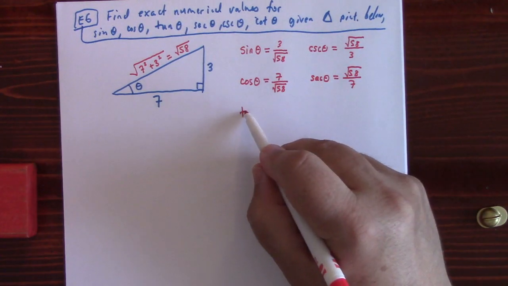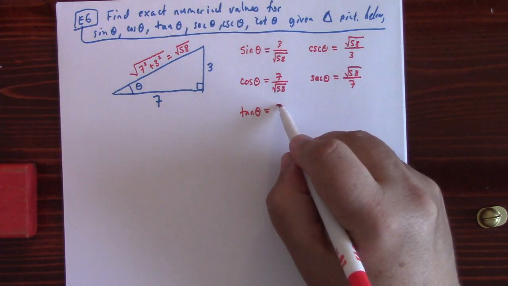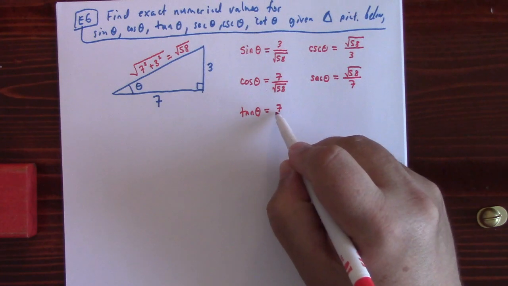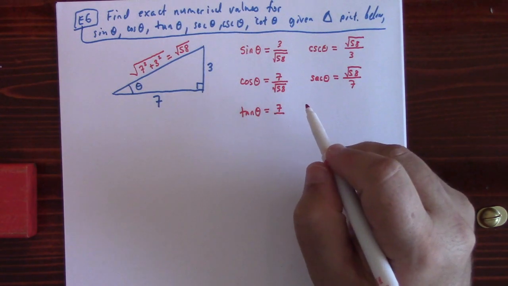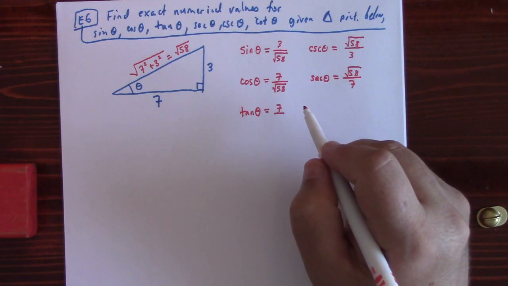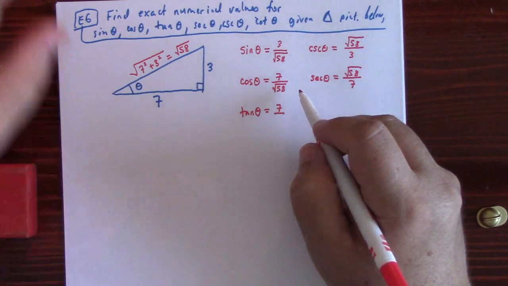We have tangent theta, which is adjacent over opposite, I believe. Wait a minute. No, opposite over adjacent. What's wrong with me? Oh, that's right, I've got pneumonia.